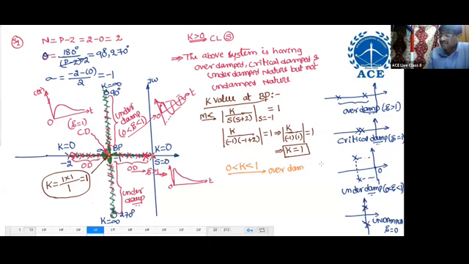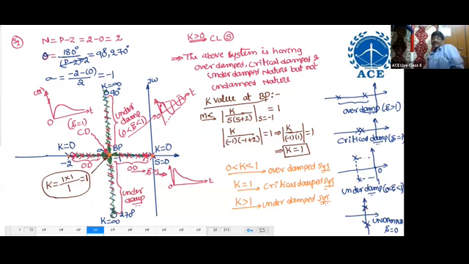K equal to 1, two poles at -1, it is a critical damped system. K greater than 1, the poles are complex conjugate, so it is called an underdamped system.